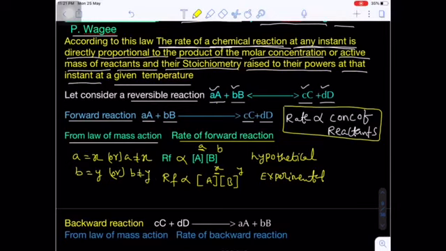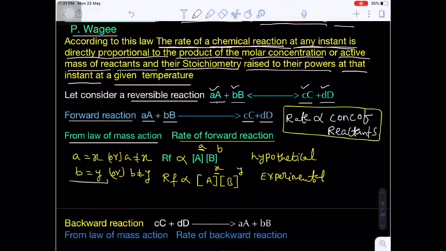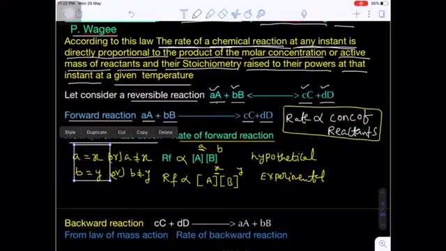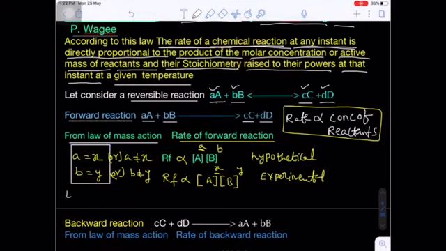Okay, now exponent a will be equal to x and b will be equal to y only for elementary reactions. Which reactions? Elementary reactions. They are not equal, a not equal to x and b not equal to y, for complex reactions. This is very important.